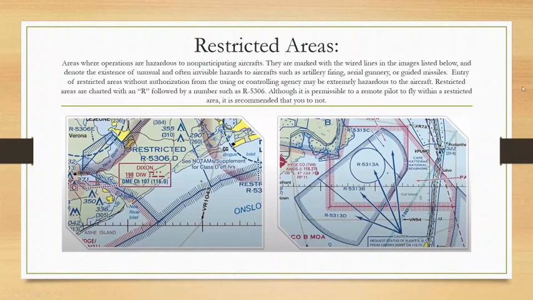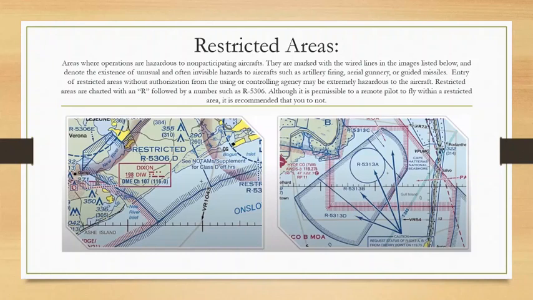So then we have restricted areas. These are areas where operations are hazardous to non-participating aircraft. They're going to be marked with the hatched lines in the image listed below, and they'll be denoted by the existence of unusual and often invisible hazards to aircraft, such as artillery firing, aerial gunnery, or guided missiles.